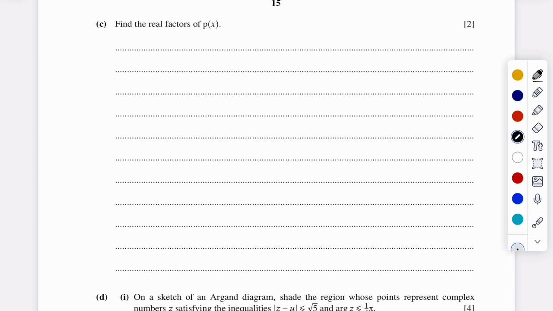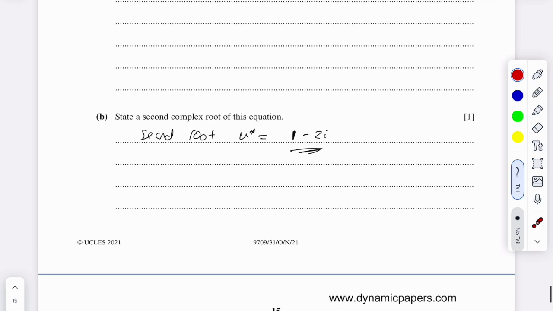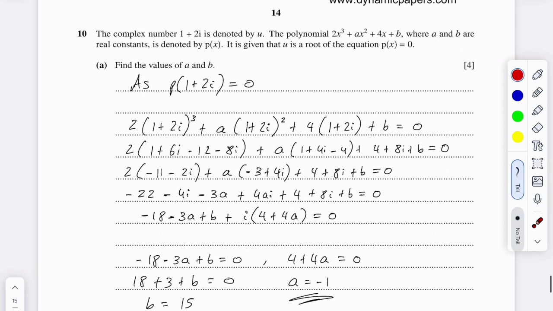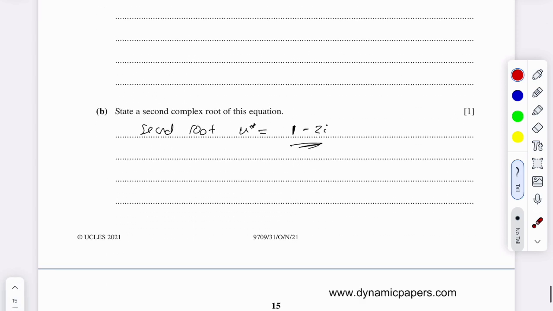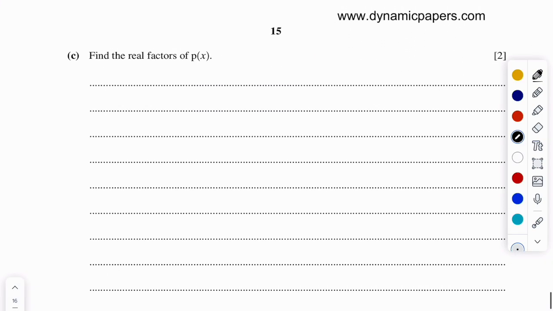Alright guys, for number C now, it wants us to find the real factors of p of x. So the way you need to think about this is like this. We know what our roots are. It's 1 plus 2i and 1 minus 2i. So therefore, we have our roots.